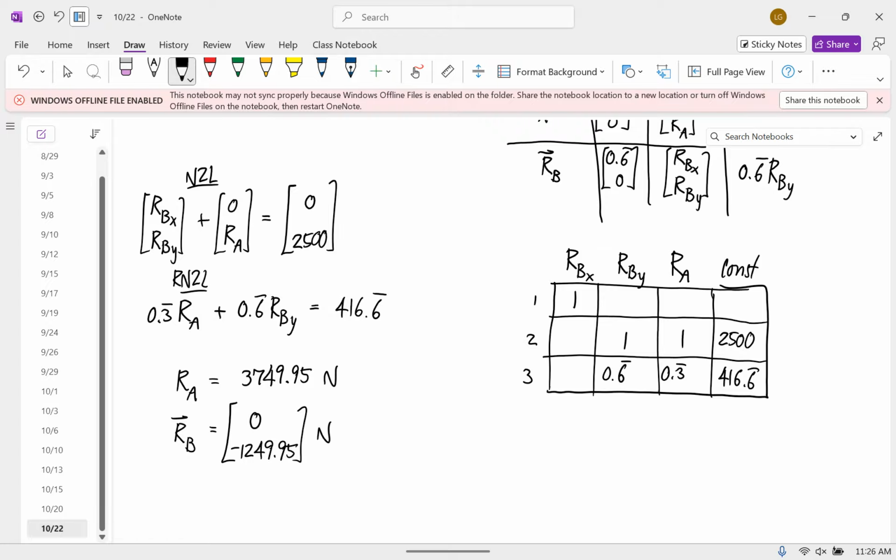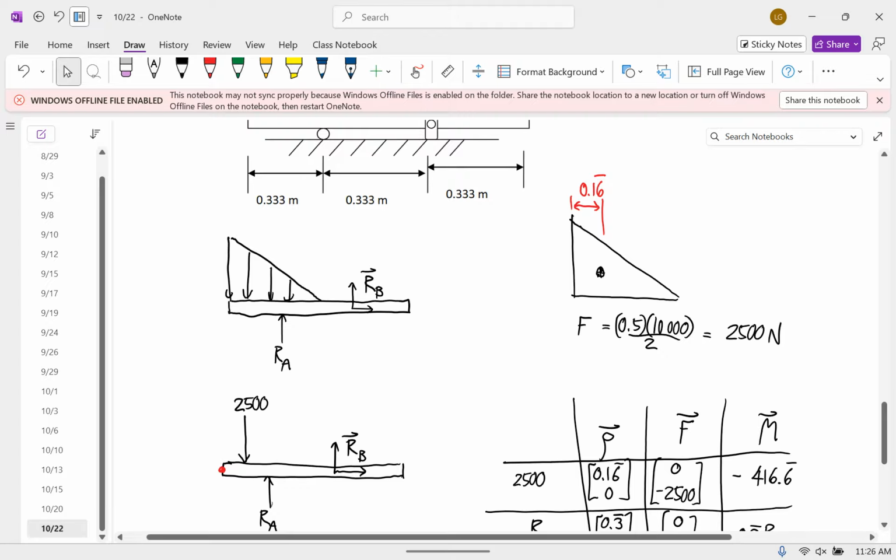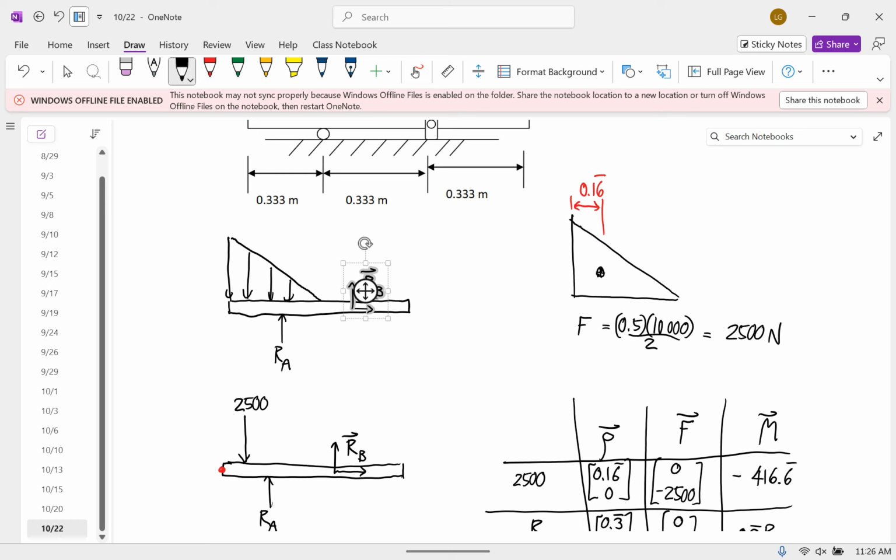Any questions about that? Yeah. How did you find the distance of the force, 0.16? So we know that point force is going to act at the centroid of that triangle.